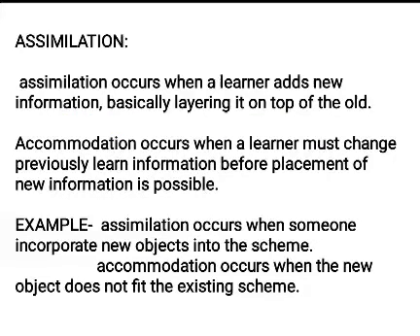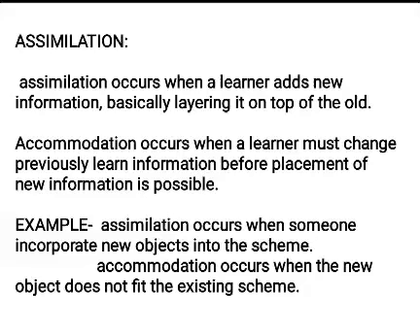Assimilation occurs when a learner adds new information, basically layering it on top of the old. Accommodation occurs when a learner must change previously learned information before placement of new information is possible.